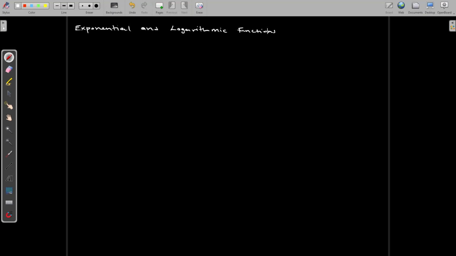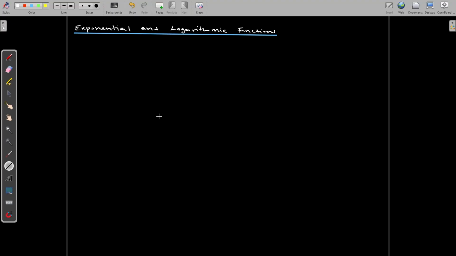So what will happen is that these functions can both represent the same numbers in two separate ways, but they are using parts of each other. So let me show you what I mean by that.